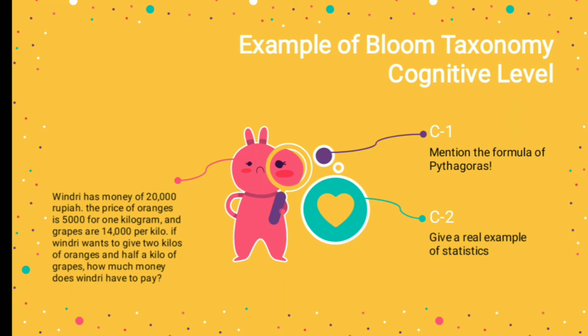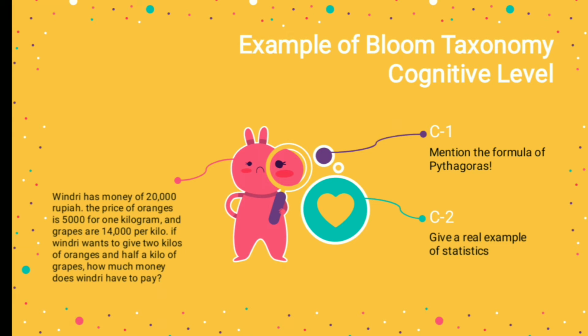Alright, we go next to the next question. You can see the question. So, what do you think about this? Which category does this third question fall into? The question is, Windri has money of 20,000 rupiah.